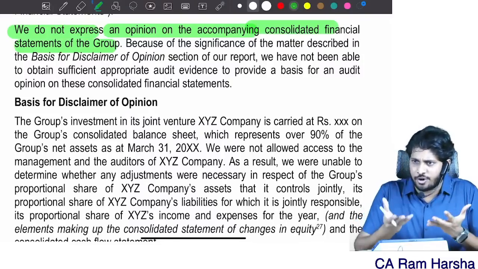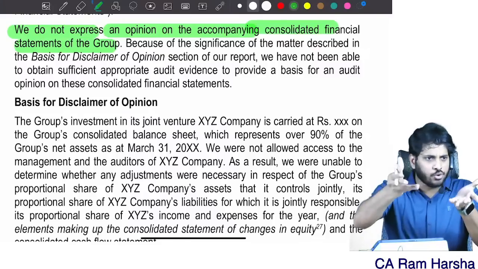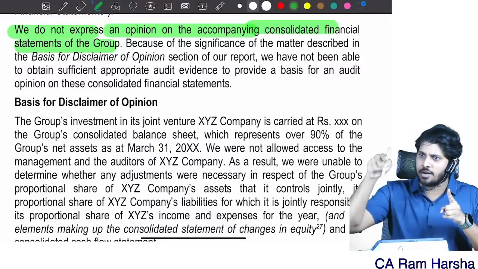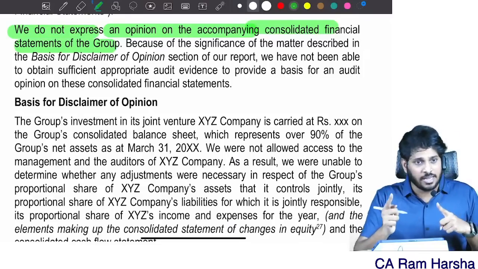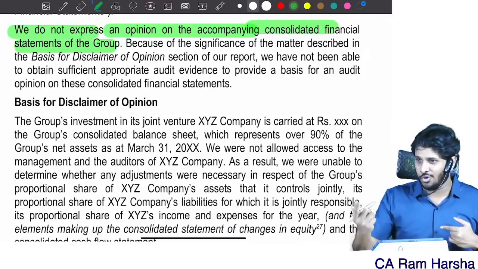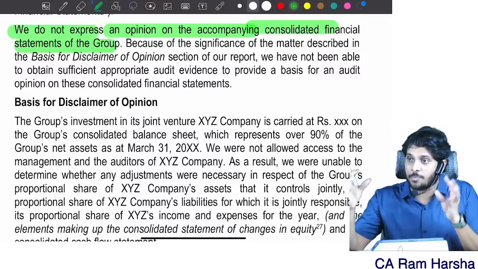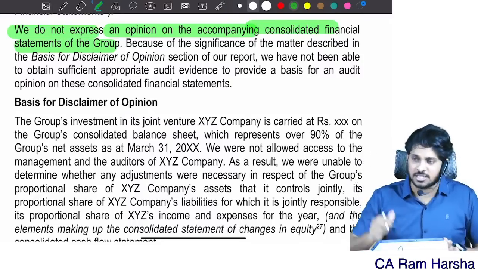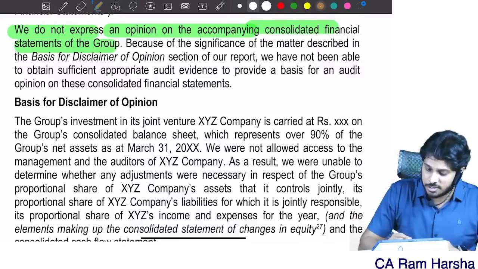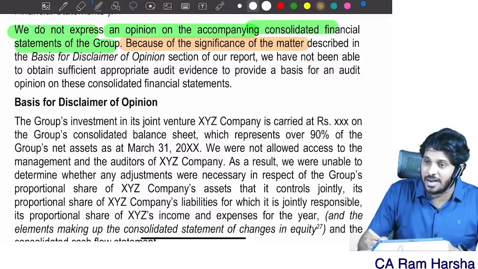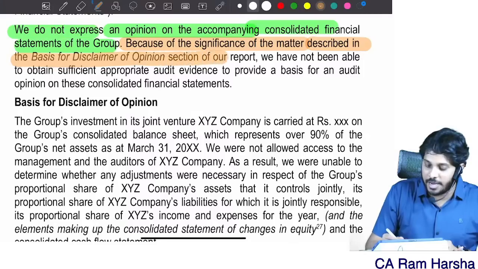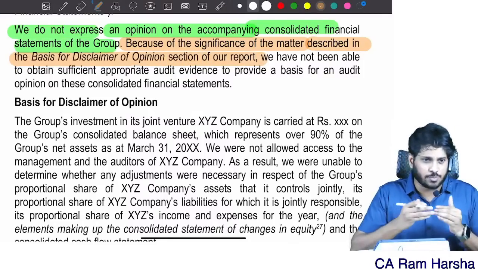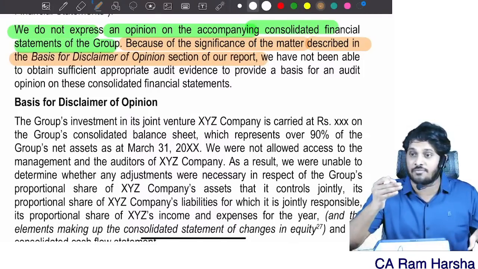If you got information, explanation, evidence, then you can use those words and talk about an opinion. Here you did not get evidence. Can I say in our opinion, when we don't have an opinion? No. So we do not express an opinion on the aforesaid financials. Why? Because of the significance of the matter described in the basis for disclaimer of opinion section of our report.